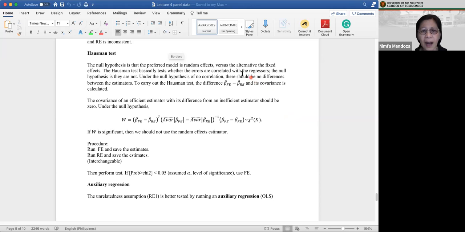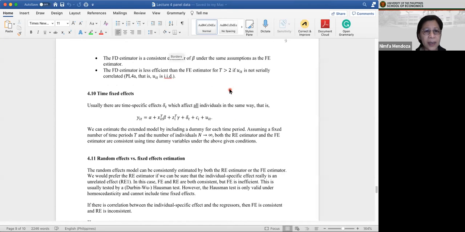Note that under the fixed effects, we are just able to estimate the coefficients of the time varying regressors.